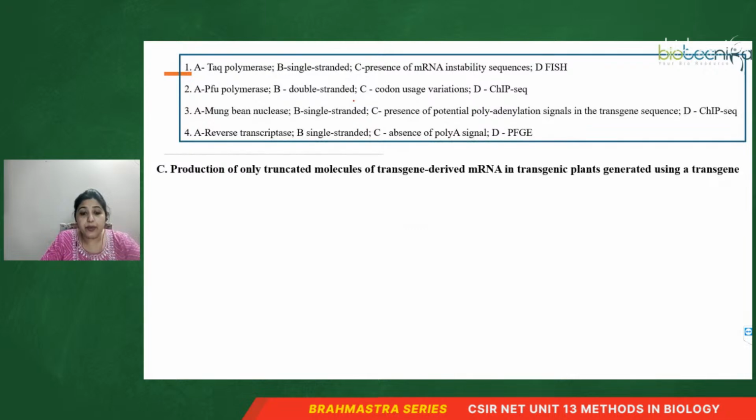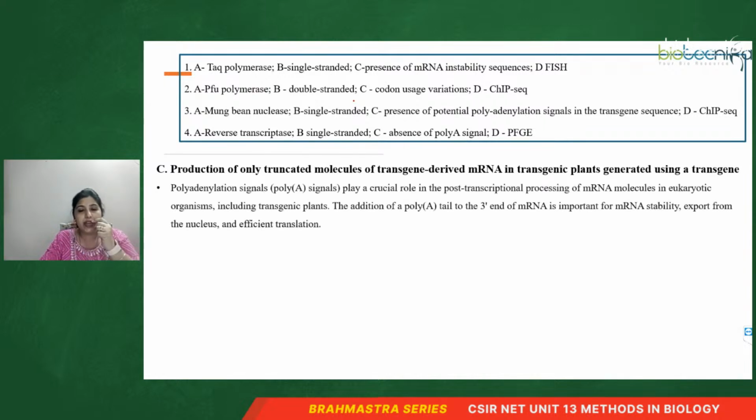Then statement C is about production of only truncated molecules of transgene-derived messenger RNA in transgenic plants. Here I would like to give you the concept of polyadenylation signals, because the options mention presence of messenger RNA instability sequences, codon usage variation, presence of polyadenylation signals in transgene sequence, and absence of poly A tail. So you should be thorough with these concepts.